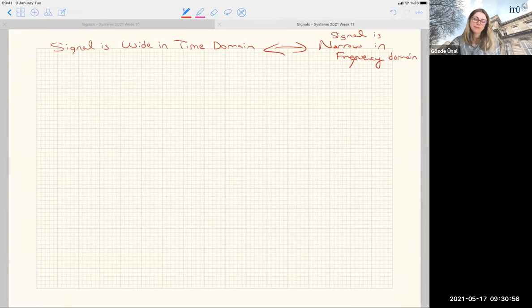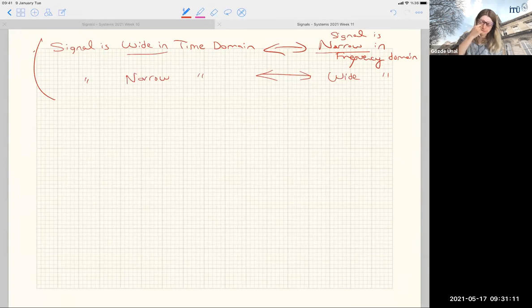And if it's wide in frequency domain, it's going to be narrow in time domain. We will be seeing this again and again, don't worry. Narrow in frequency means its bandwidth gets smaller, and here its bandwidth gets larger. It's equivalent to say that.